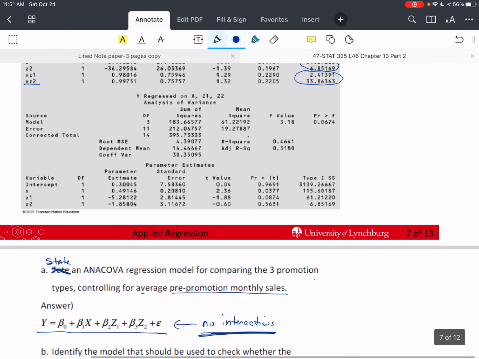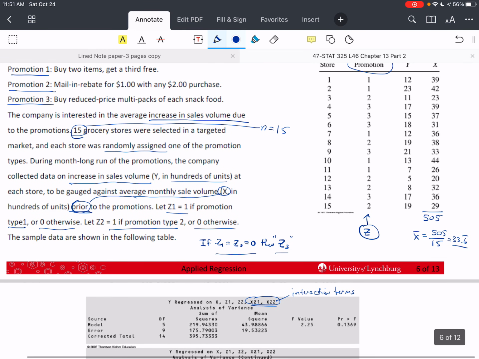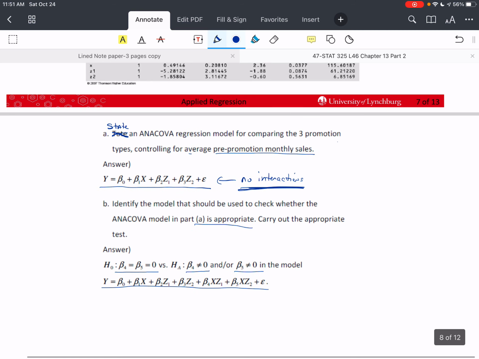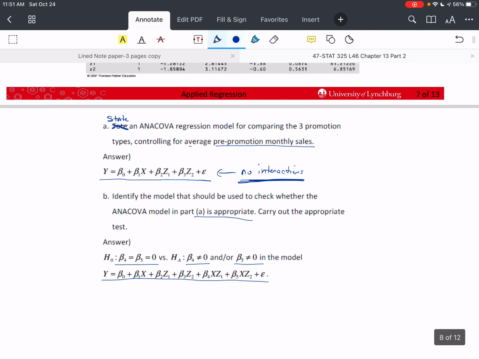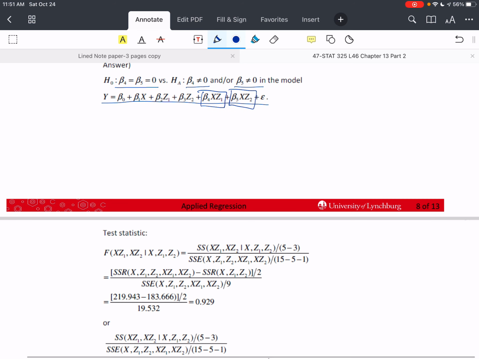Okay. So we look back at our model, it has the model here. So beta 4 is 0, that's here, beta 5 is 0, that would be here, that would get rid of the interaction terms, and so that's what we want to test. And so our multiple partial F test is F of xz1, xz2 given xz1, z2, okay?